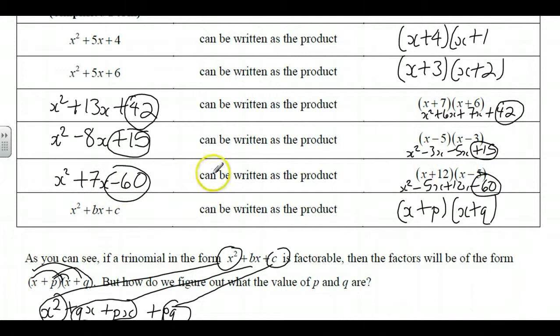This last value came only as a product of the last two values, pq. And the middle one: 6 plus 7, 13. Negative 3 minus 5, negative 8. Negative 5 plus 12, positive 7. That middle term is a combination of the outer and inner products.